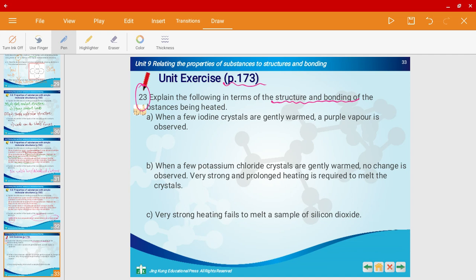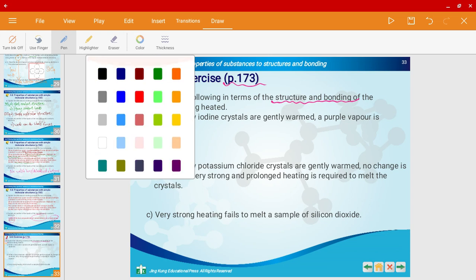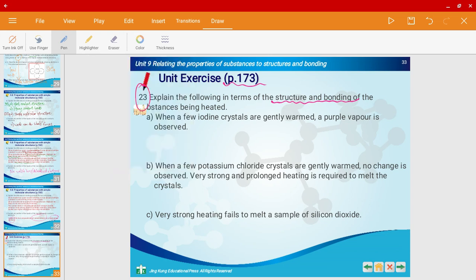All right, let's read question A. When a few iodine crystals are gently warmed, a purple vapor is observed. Now we'll need to explain it in terms of the structure. First, what's the structure in iodine crystals? Yes, it has a simple molecular structure.